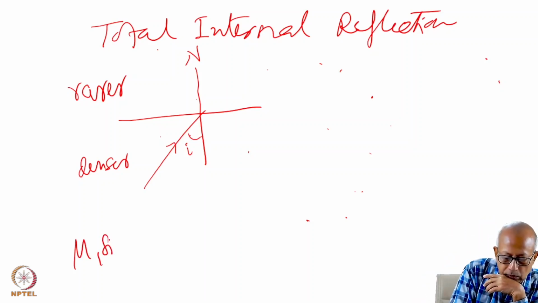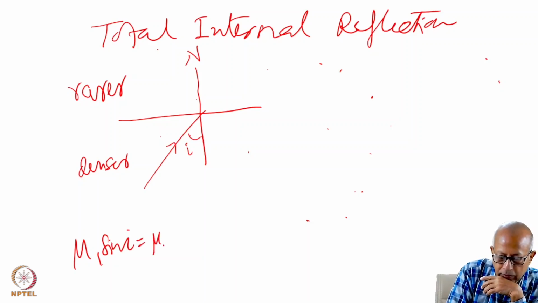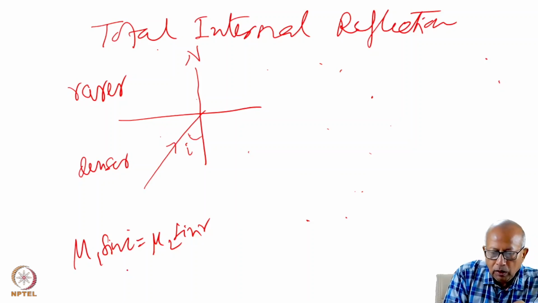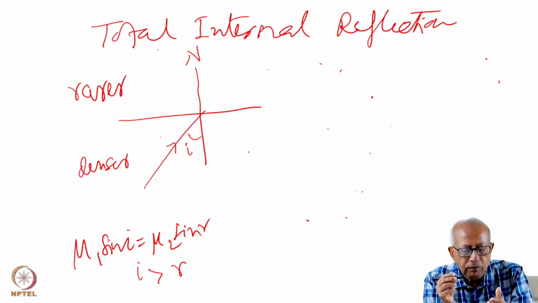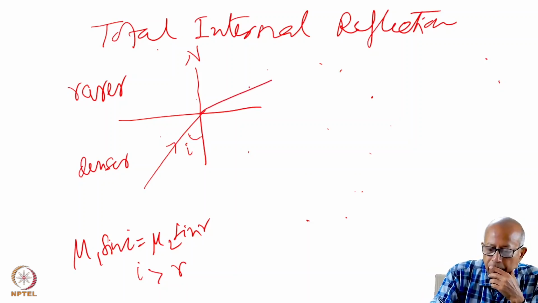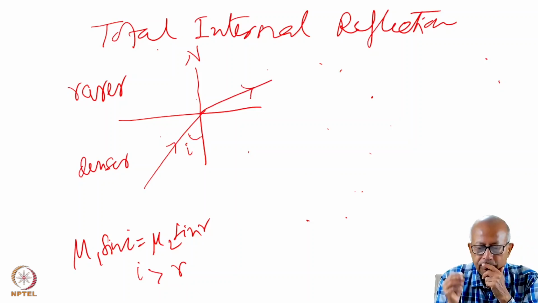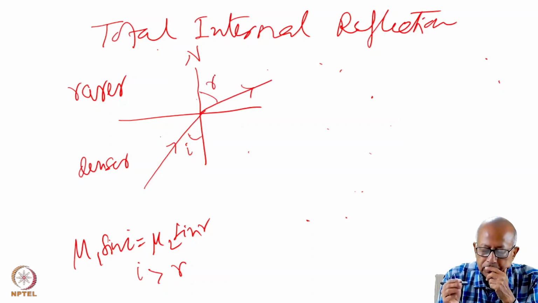mu1 sin I equal to mu2 sin R. mu1 is more than mu2. If mu1 is more than mu2, then R must be greater than I. It's traveling from denser to rarer, so light bends away from the normal. So this is our angle.